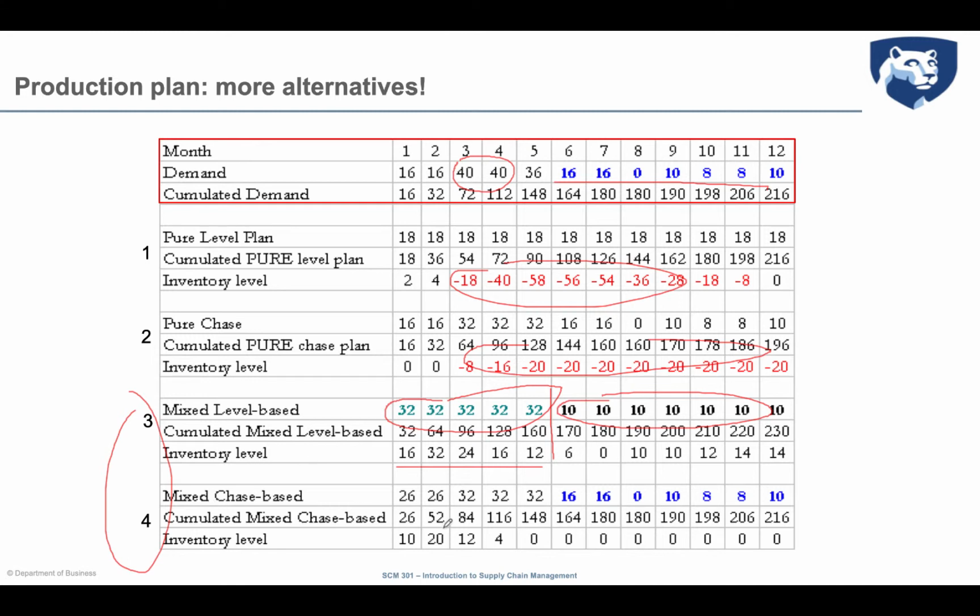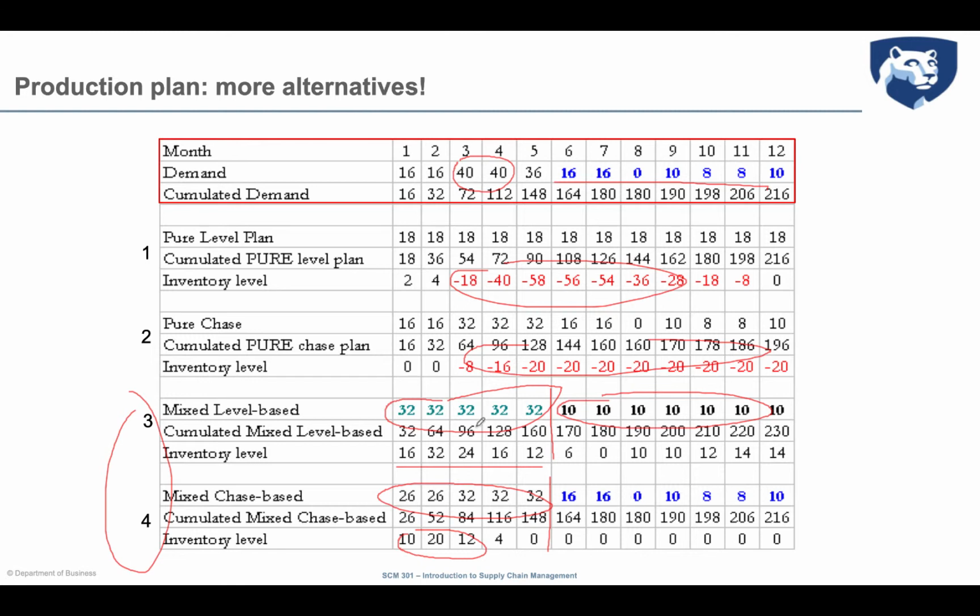Same here. In this case, you see that in the first 5 periods, you are not producing exactly as the demand, because in the first period you are producing a little more to cope with the fact that in periods 3 and 4 you are not able to satisfy the full capacity. So you produce 26, then 32. You have here inventory to satisfy the peak of the demand, and after this period you can start producing exactly what is asked by the market or what is forecasted.